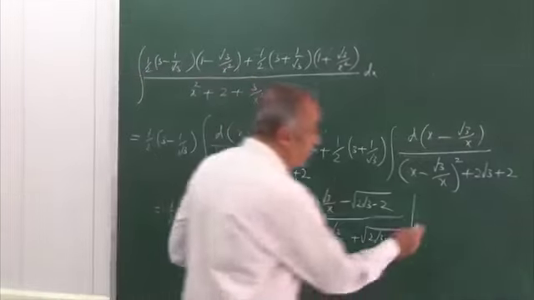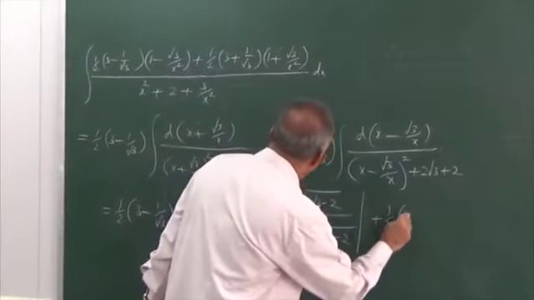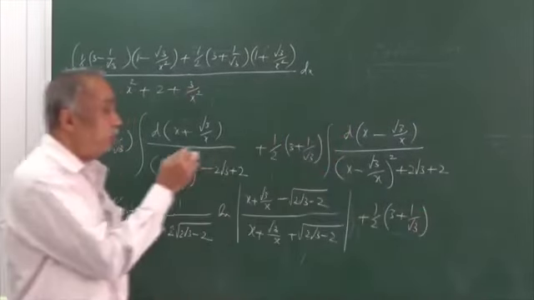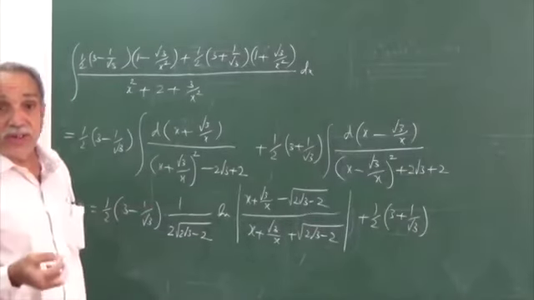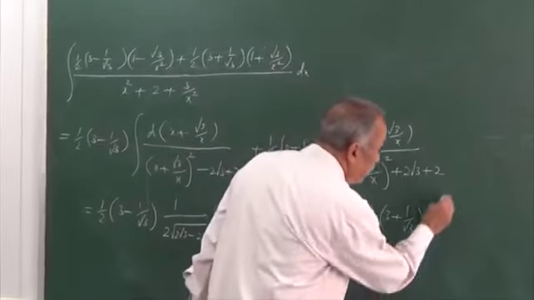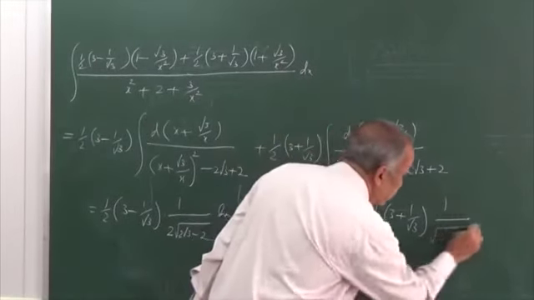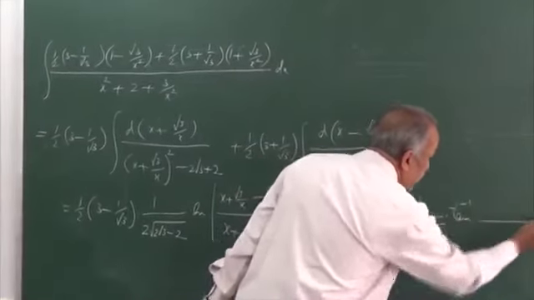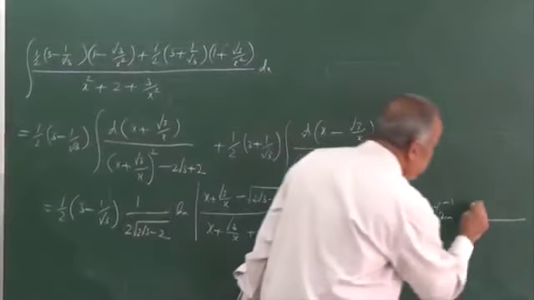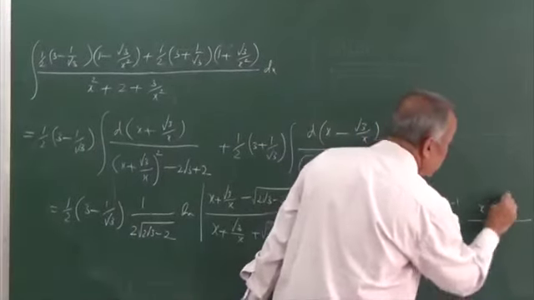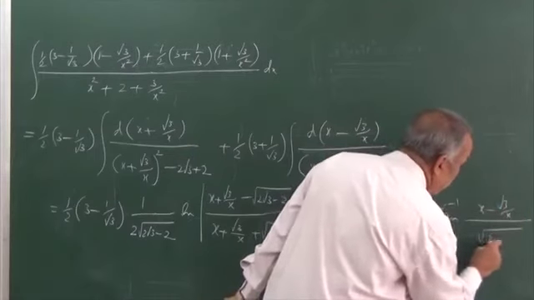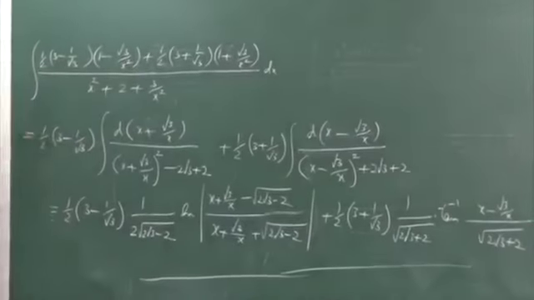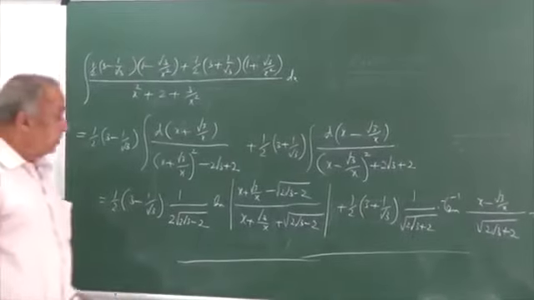Plus, the second part, half of (3 + 1/√3) into the integral of dy/(y² + a²). The integral is 1/a, where a is the square root of 2√3 + 2, into tan⁻¹ of y/a, that is (x − √3/x) divided by the square root of 2√3 + 2. Job of integration is finished, and with the constant of integration you have obtained your required answer. Simplification if possible.